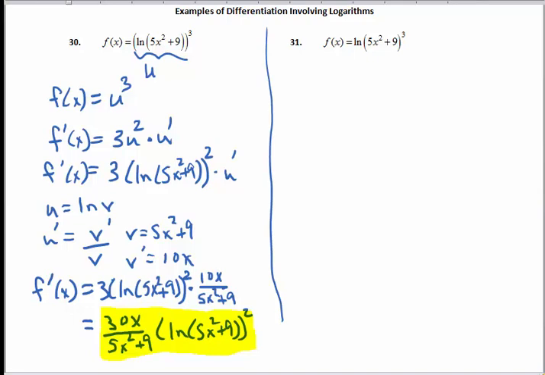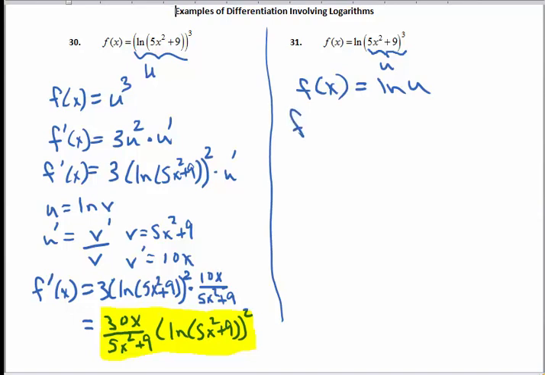And now it looks like 31 is probably going to be similar. The difference is, in 30, u was that whole natural log of 5x squared plus 9. In 31, I can look at u as if it's 5x squared plus 9 to the third power. So I can really look at f of x as being the ln of u, right?